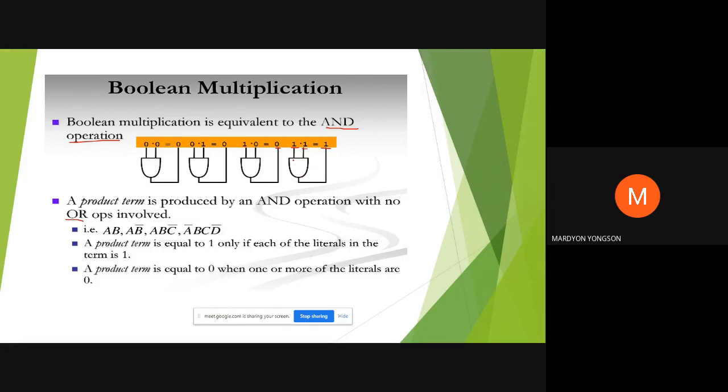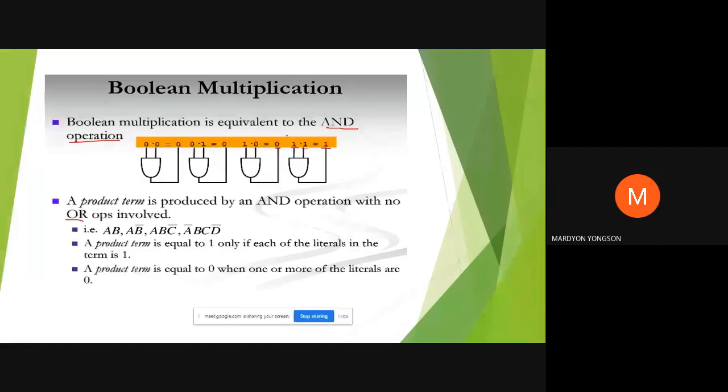Ayun, sabi dito, a product term is equal to 1 if both input of the literals are equal to 1. Kaya ang may answer lang na 1 dito yung 1 times 1 sa AND operation.